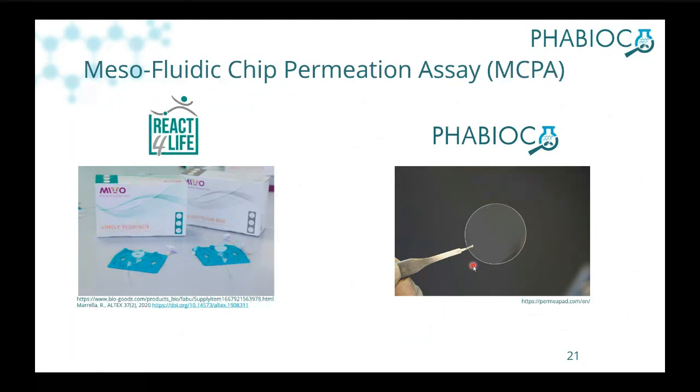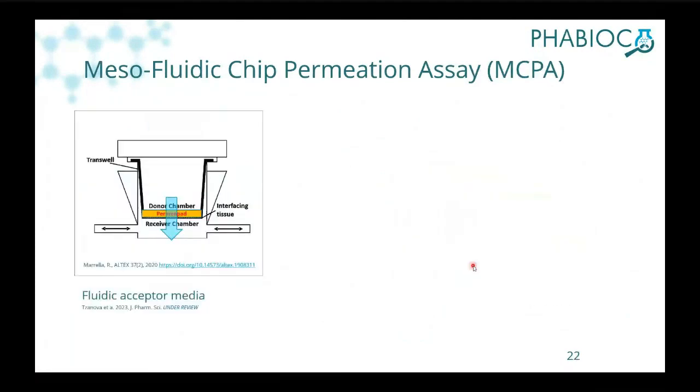And the advantage of this system is that instead of having a static receptor media, like all the systems we showed before, in this case we have a chamber with a relatively small volume. And once the drug has permeated, we have a fluidic system in the receptor media. This has the advantage that it completely removes the unstirred water layer.